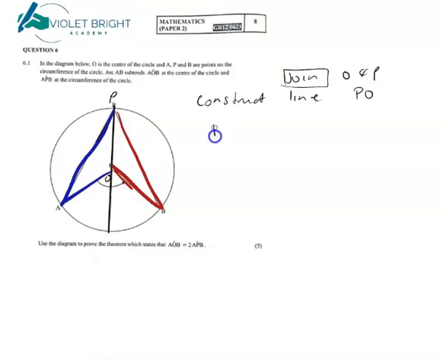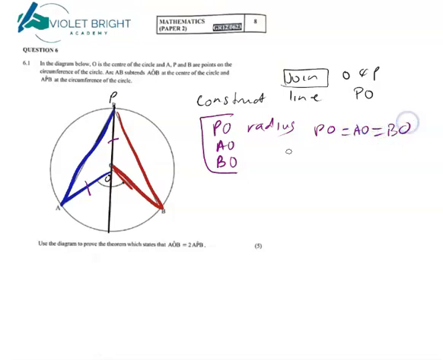Now we have OP, which is this line. It's a radius. We have AO, it's also a radius because O is the center. We also have OB, which is a radius. Now that all of these 3 are radii, they are equal. So you can see that this makes up an isosceles triangle.